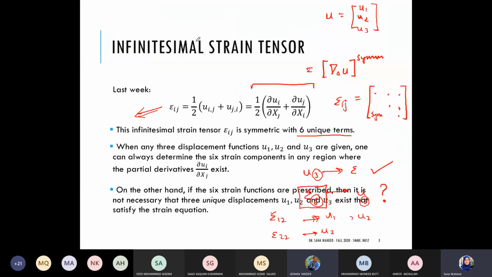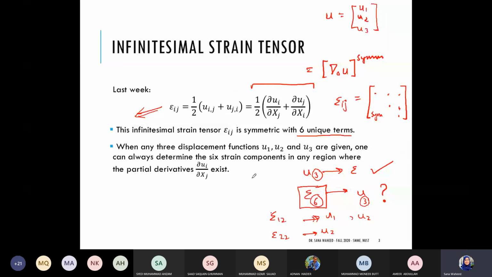Not at all. So this is what we had started off with discussing. If we go from the displacement to the strain, then it is guaranteed that the strain field will be compatible. Why? Because we are already using three correct, unique displacements to find the strain. So if you're going from displacement to the strains, no issue.